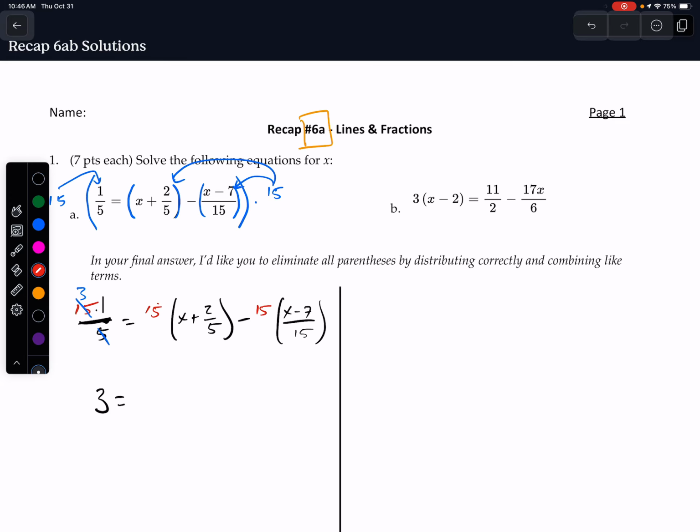Here, I'm going to distribute my 15 to each of these. So in the first case, I'll get 15x, and in the second case, I will get 5 dividing into 15 3 times. So I'll get 3 times 2, right? Because the 5 will have divided out.